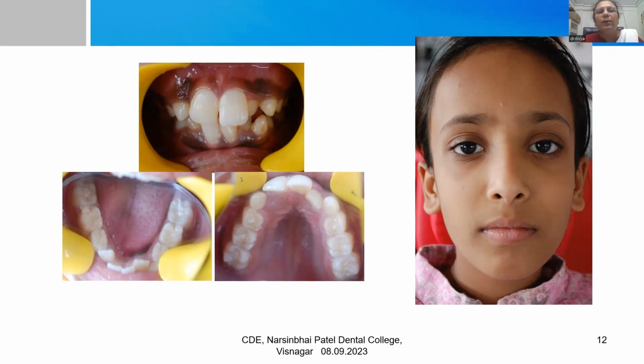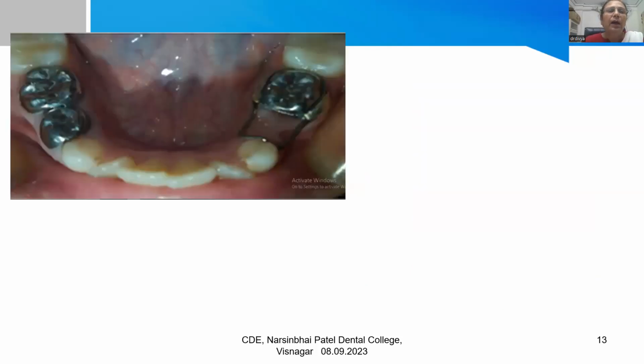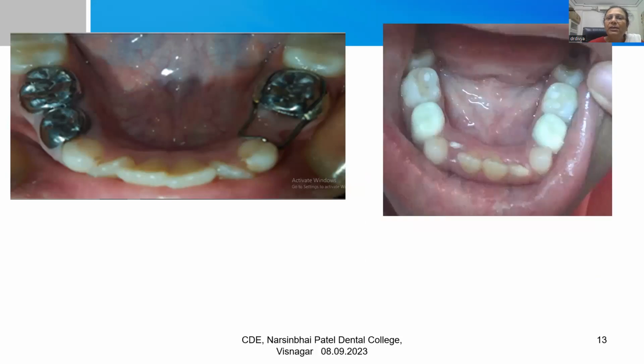And also we do have patients like this. In the mandible, it seems it is crowded. And here the space maintainer is given and the developing malocclusion is not considered before giving this space maintainer.